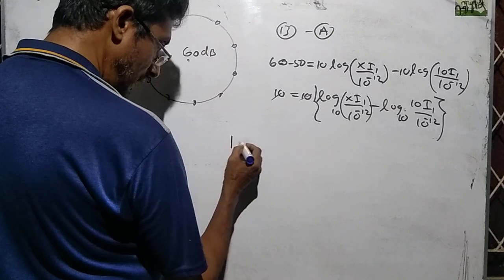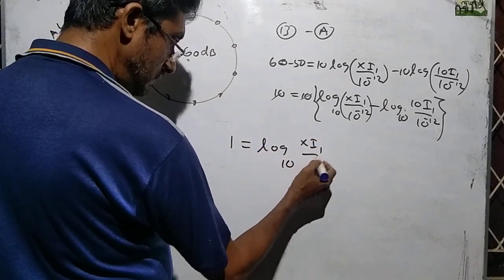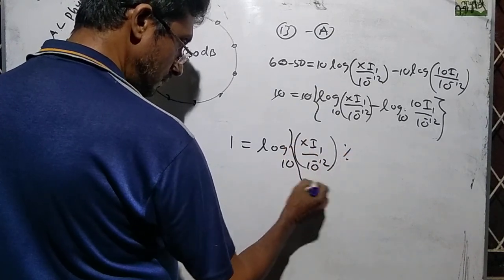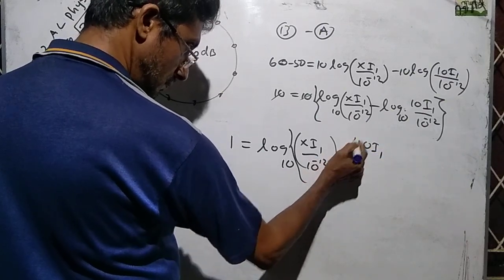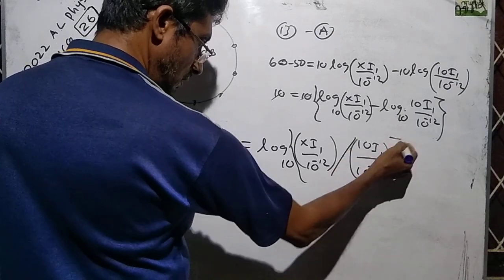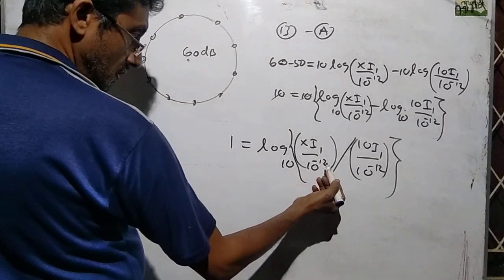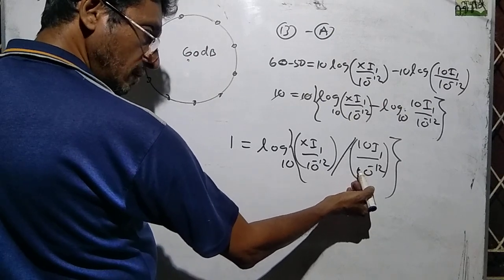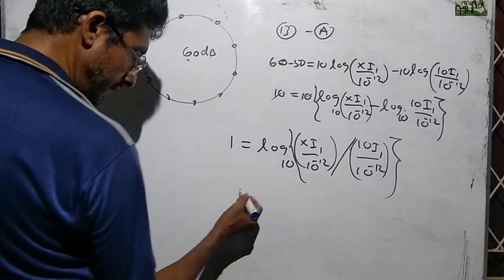10 cancel, 1 equals log of XI1 over 10 to the power minus 12 divided by 10I1 over 10 to the power minus 12. And we know if there is a division, we multiply by the reciprocal of the denominator.